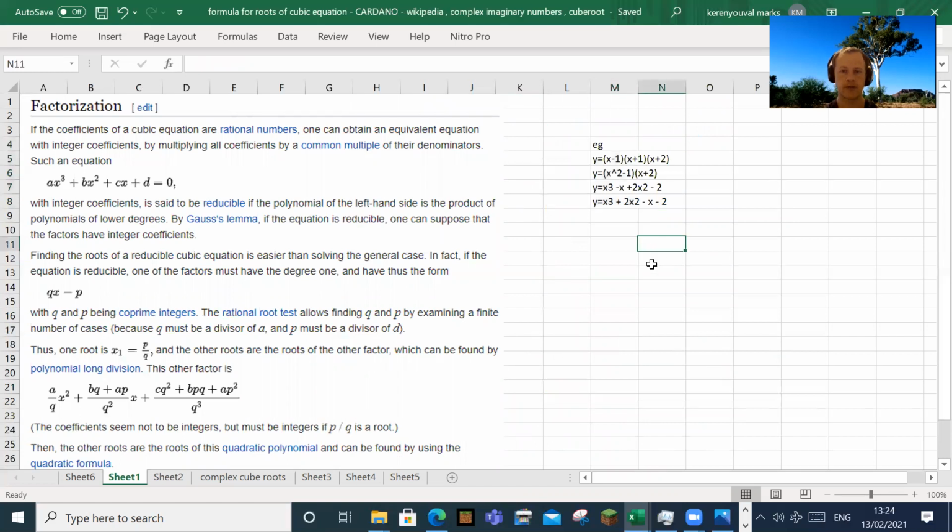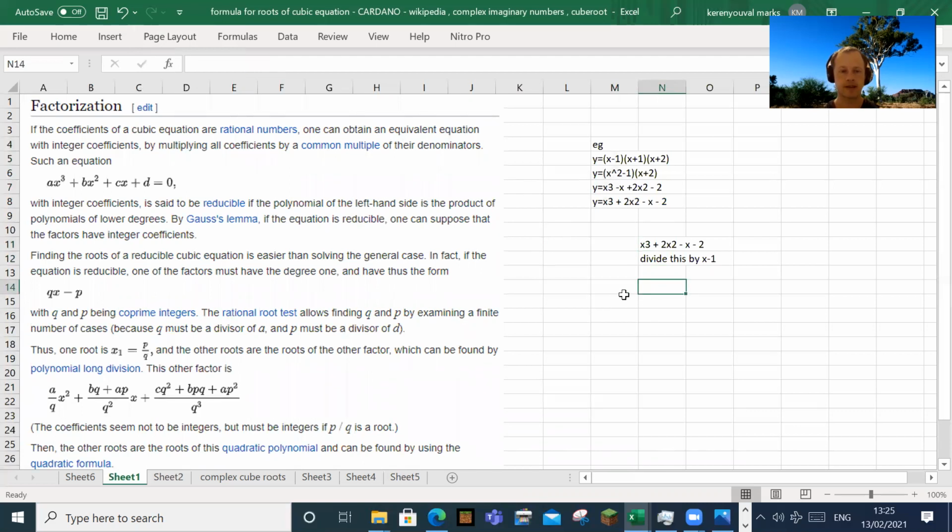You can divide this by x minus 1, and you can do the polynomial division, and you'll end up with a quadratic. Then you can solve that quadratic with the quadratic formula, and that will give you the final 2 roots. So there you go.